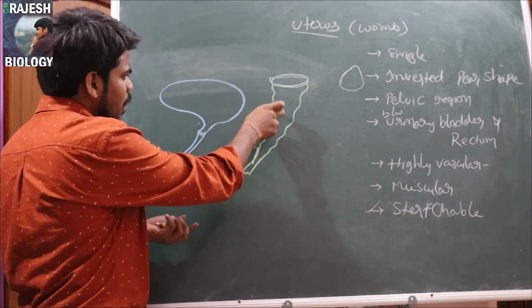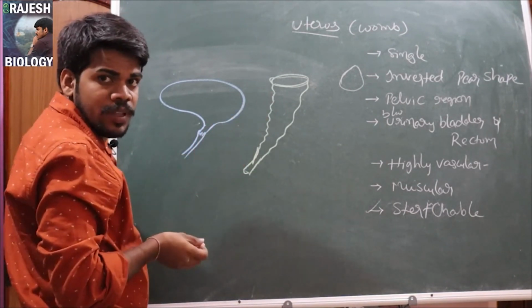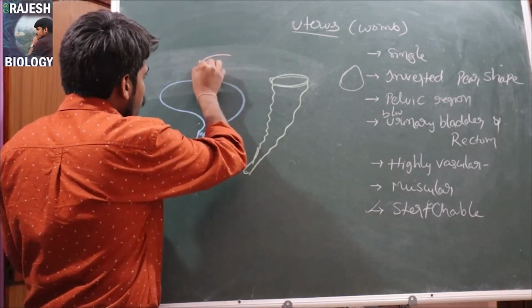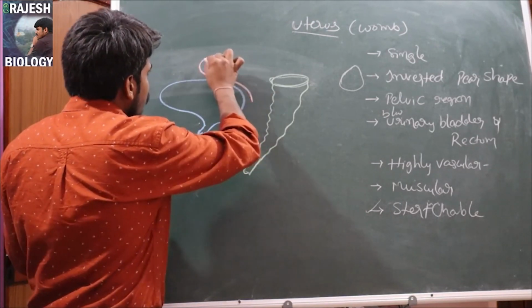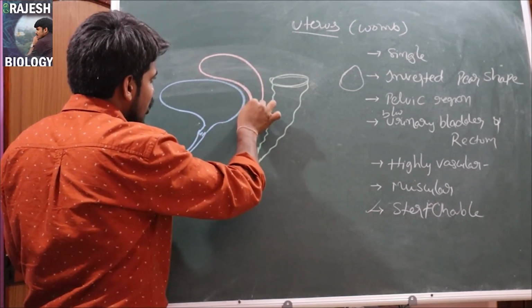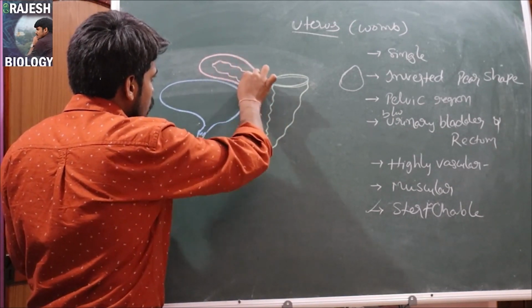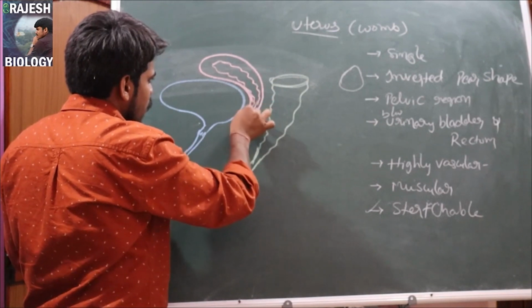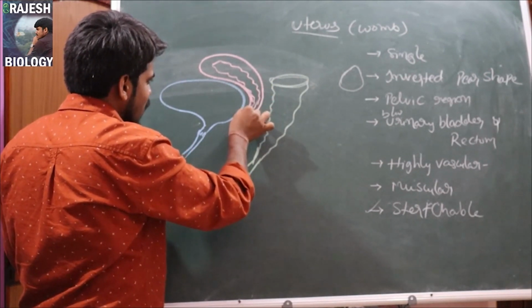In between the urinary bladder and the rectum, there is an inverted pear-shaped, muscular, highly vascular structure, that is the uterus. And here there is a narrow cavity, the cervix.